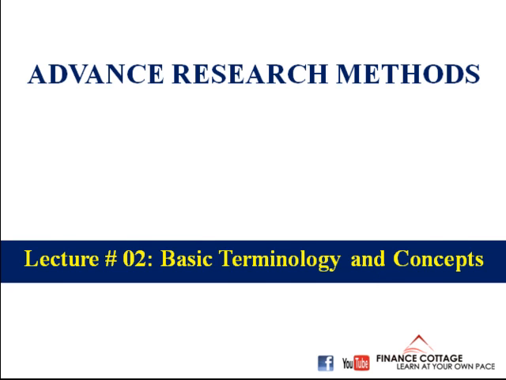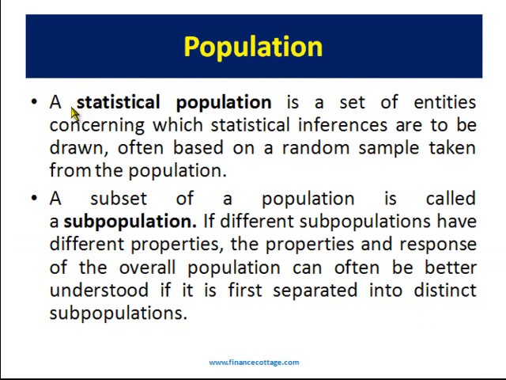So let's start with the definition of population. A statistical population is a set of entities concerning which statistical inferences are to be drawn, often based on a random sample taken from the population.